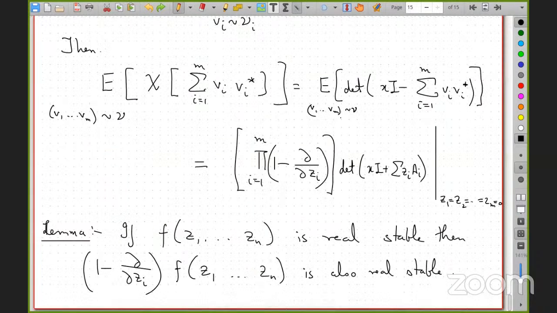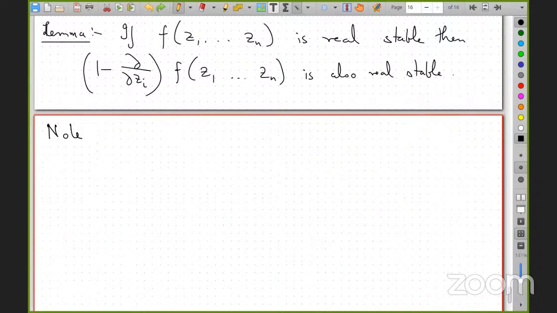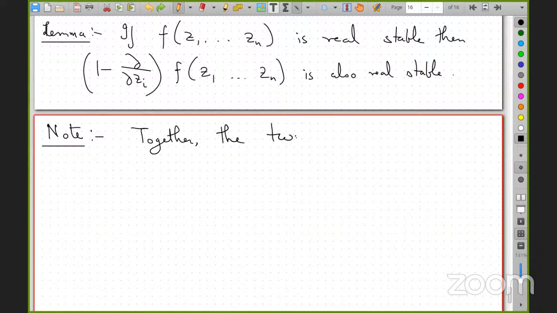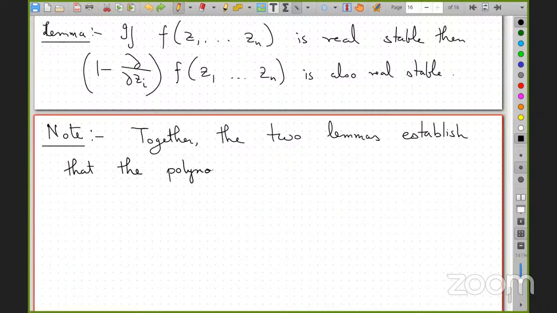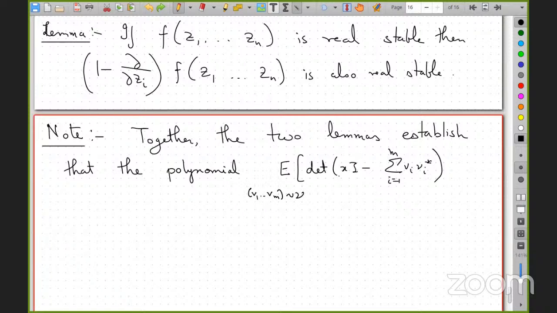Okay, so let's prove it. Note that together the two lemmas establish that the polynomial is real rooted.